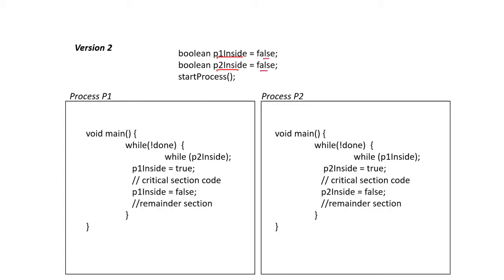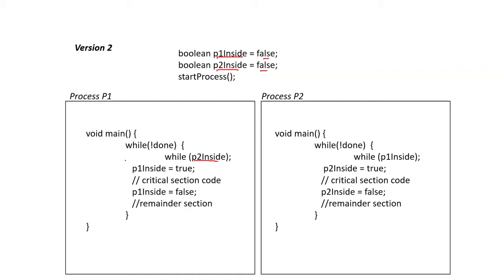Now say process P1 is the first process to start and the first to enter into the critical section. Before entering, it will need to check if P2 is inside the critical section. So it checks the value of the variable p2 inside, which evaluates to false.